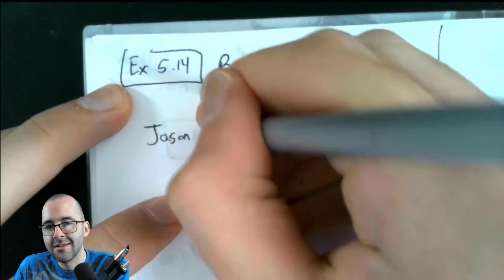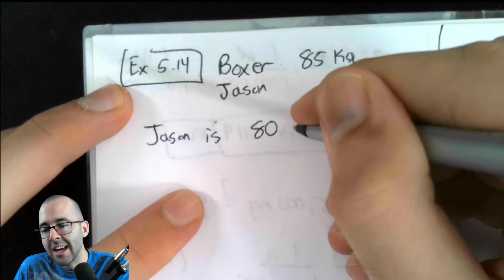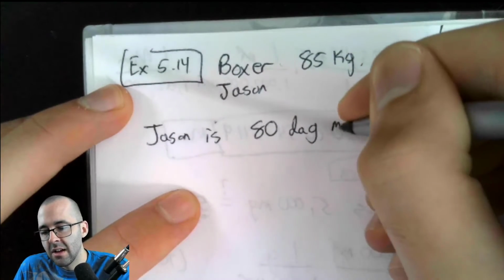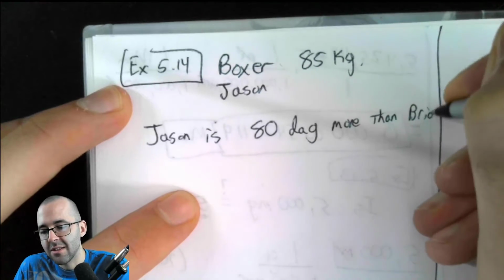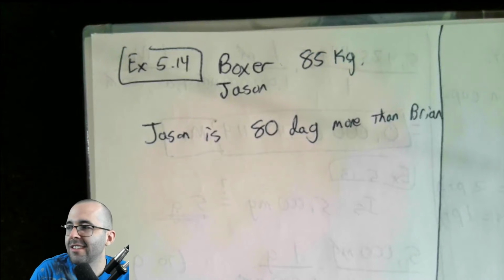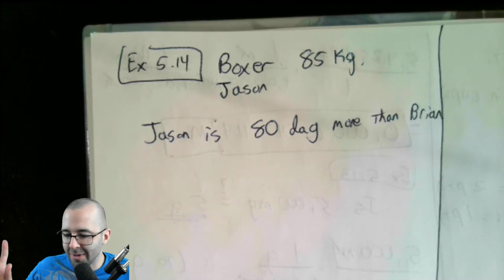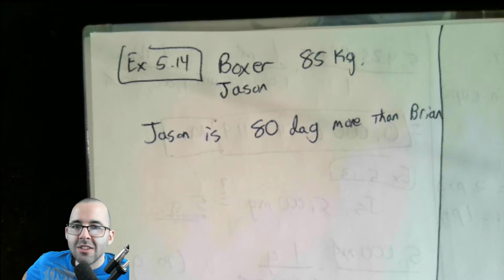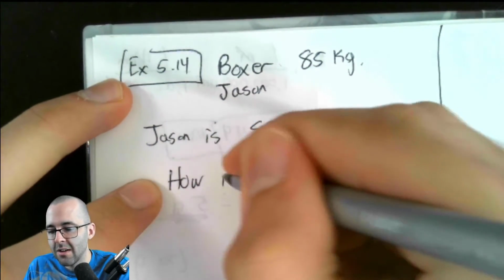So Jason is 80 decagrams heavier, so more than the other boxer. Let's call the other boxer Brian. All right. In reality, I'm probably way more than 80 decagrams heavier than Brian, but let's go with it for the problem. Here we go. And the question is, how much does his opponent weigh? So how heavy is Brian?